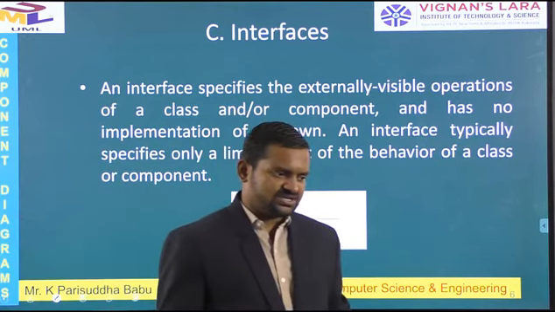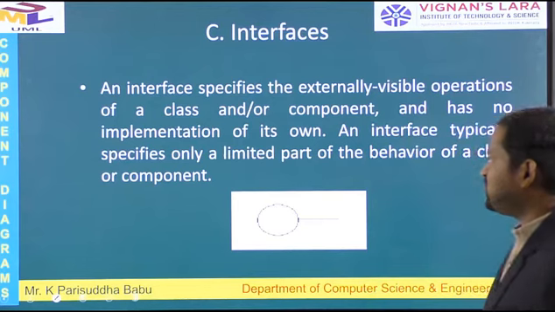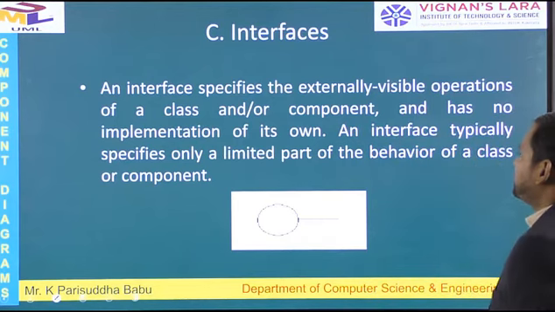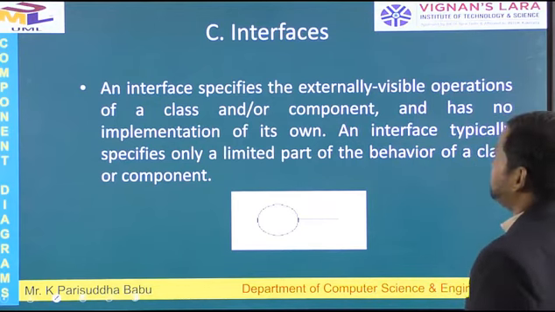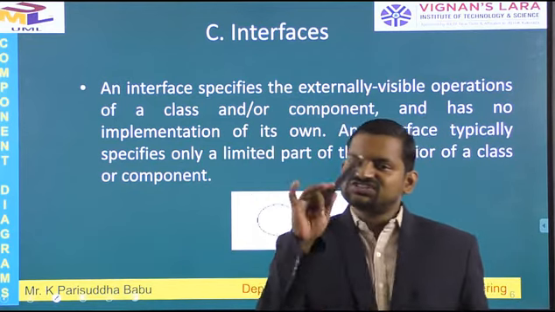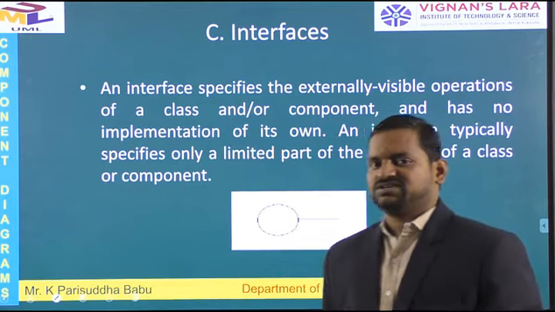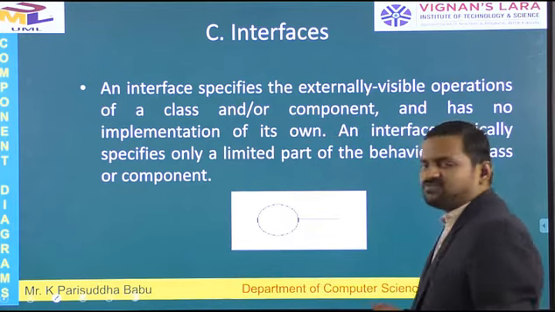Very, very important: interfaces. An interface specifies the externally visible operations of a class or component. The externally visible operations of the class have to be represented with the help of interfaces.